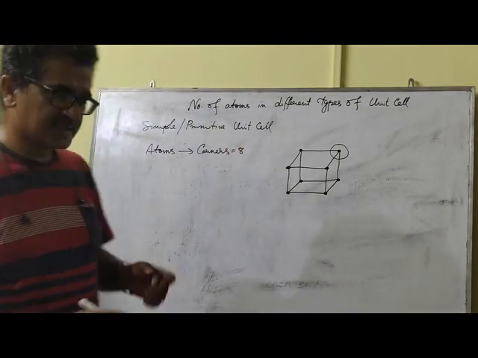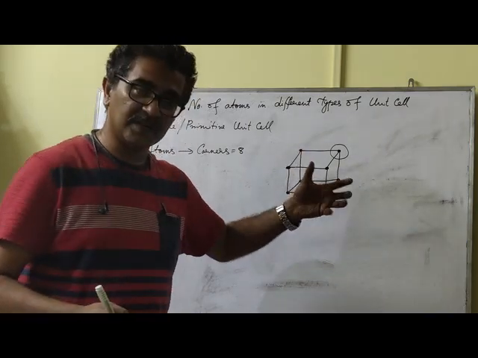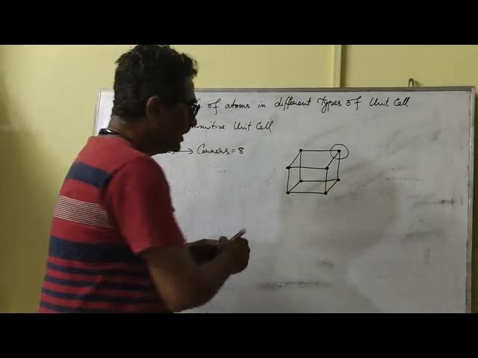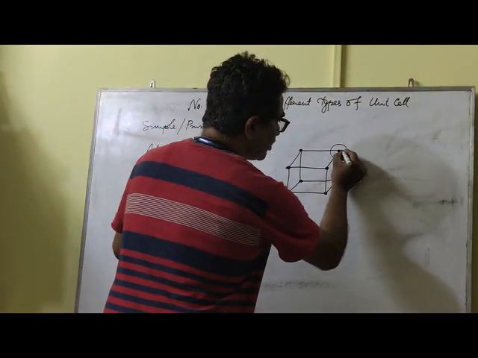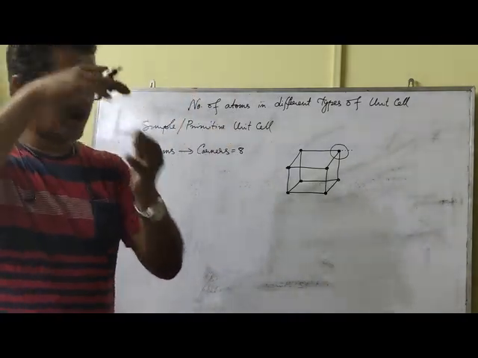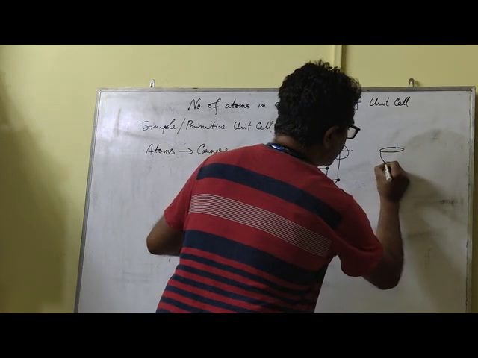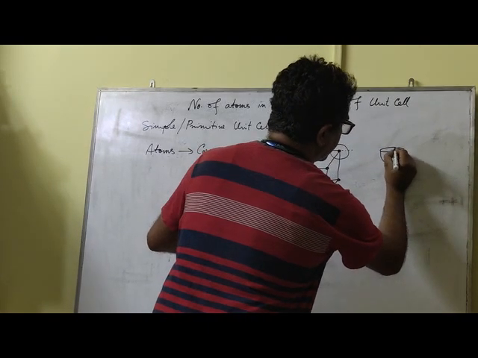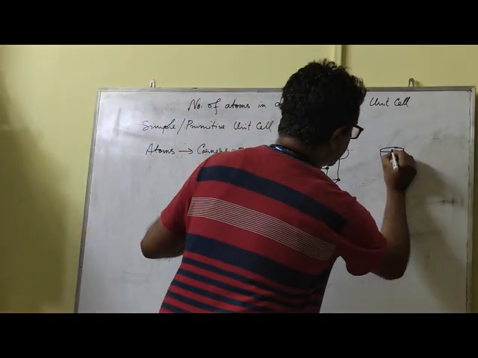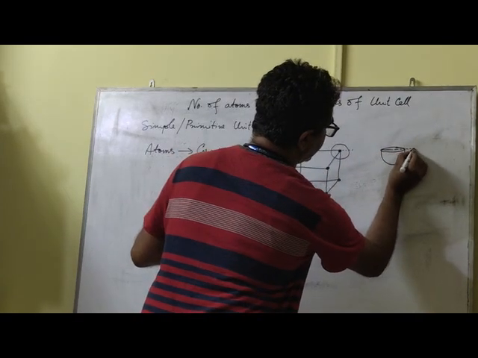Now we have to understand how many atoms are really inside this particular unit cell. If I draw a straight line over here, that means I'm dividing this entire ball or sphere into two halves. I'm trying to draw it in 3 dimensions. This is the dotted line which I just drew.